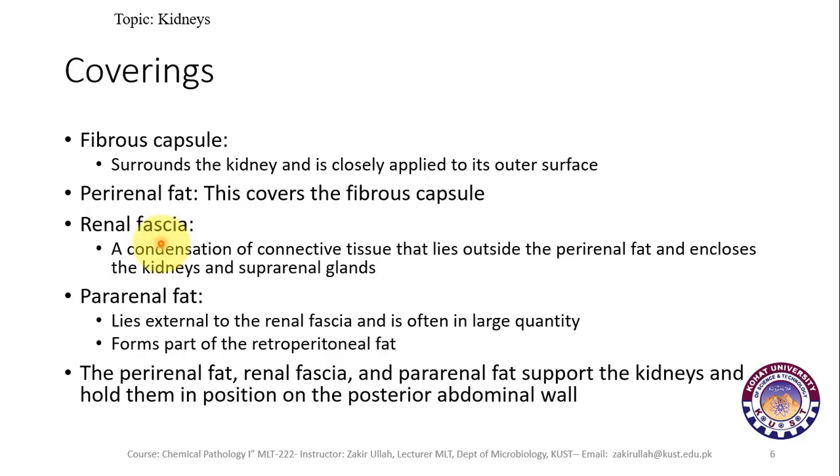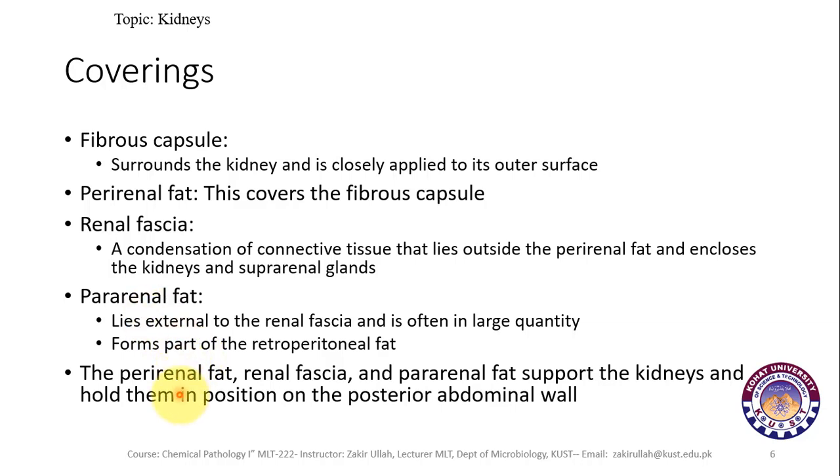After that, there is the pararenal fat, which lies external to the renal fascia and is large in quantity, and forms part of the retroperitoneal fat, the back side of the peritoneum.